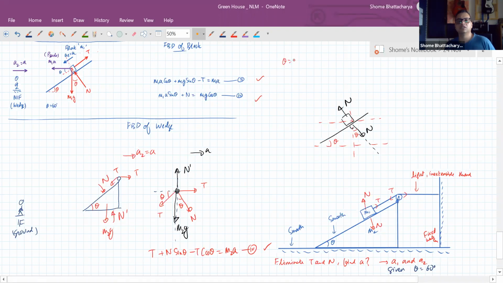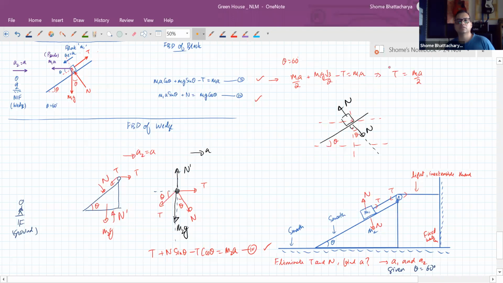So substitute theta is 60 degrees. So this becomes m1a by 2 plus m1g root 3 by 2 is equal to m1a. So minus T is equal to m1a. So we can write T here as m1a by 2.